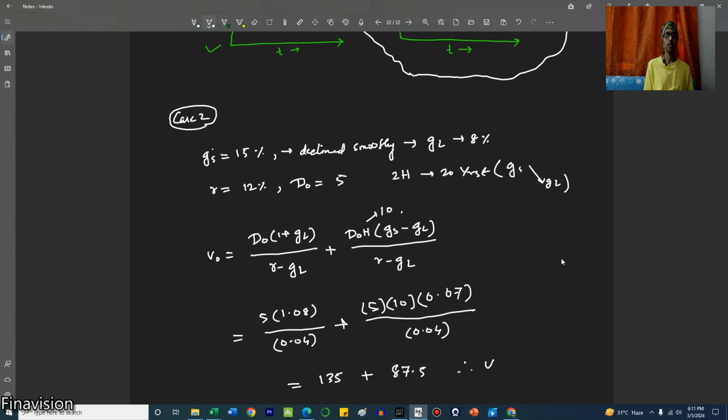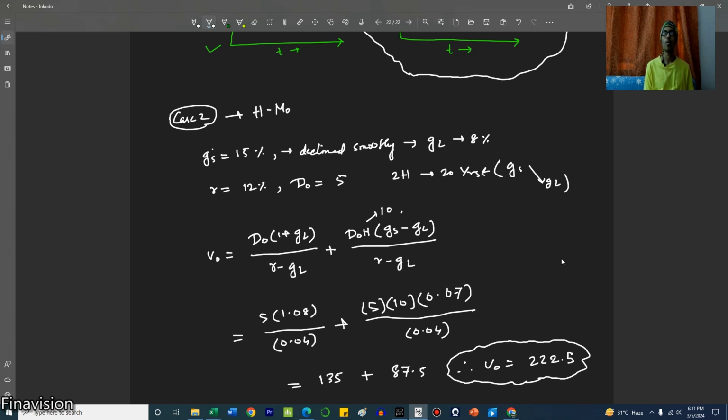Therefore, the V0 is $222.5. In a scenario where the rate is declining smoothly over a period of 20 years from 15% to 8% with a required rate of 12% and an initial dividend of $5, we use the H model.